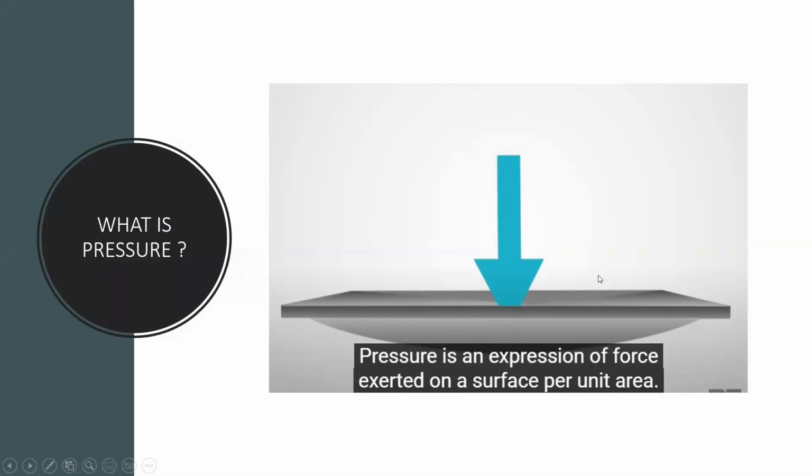But before we discuss what a pressure sensor is, we would like to know what pressure is. Pressure is an expression of force exerted on a surface per unit area. We commonly measure the pressure of liquid, air, and gas, among other things.